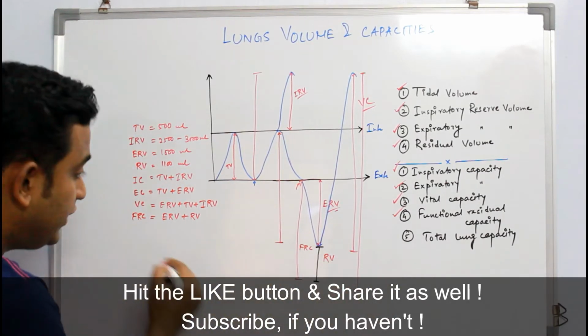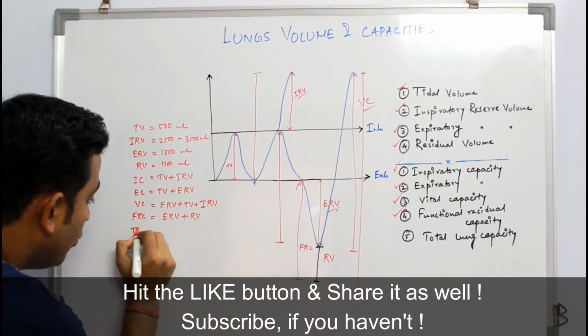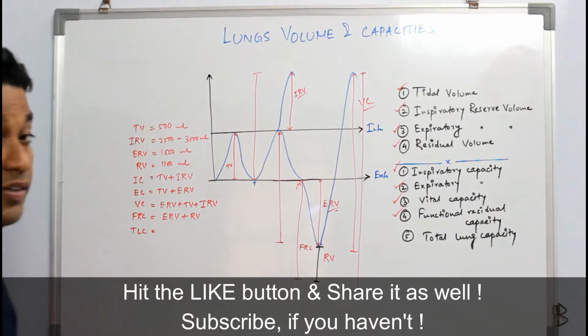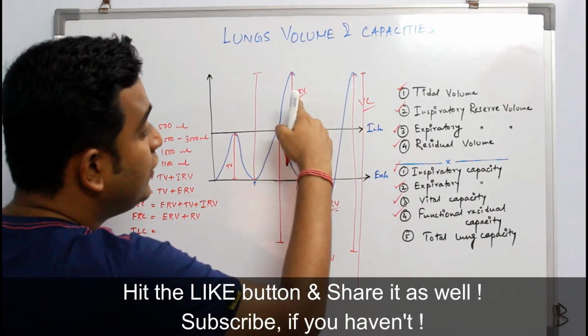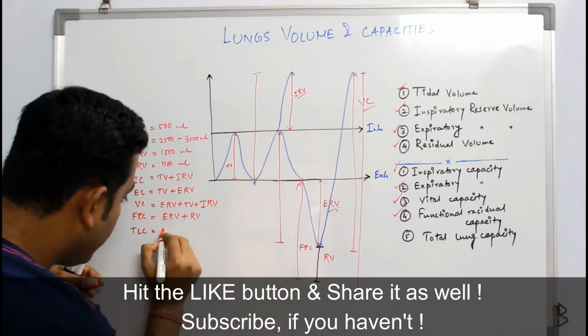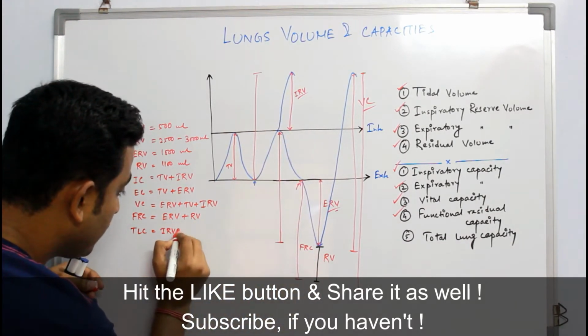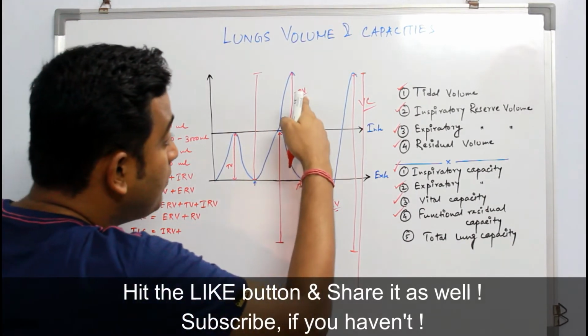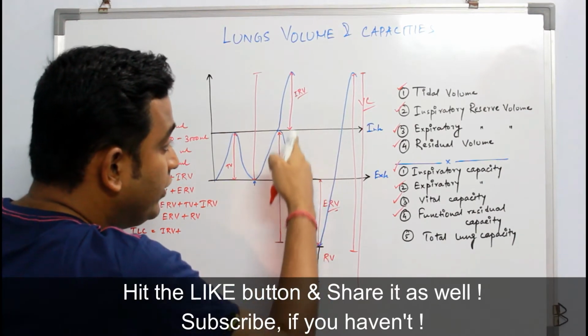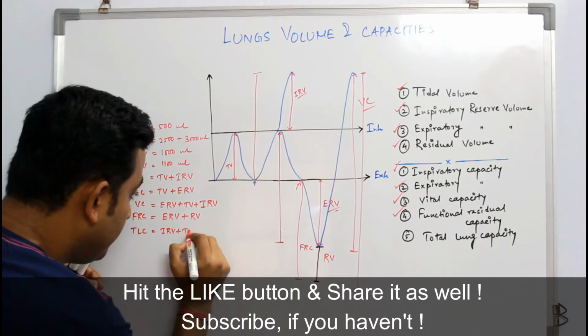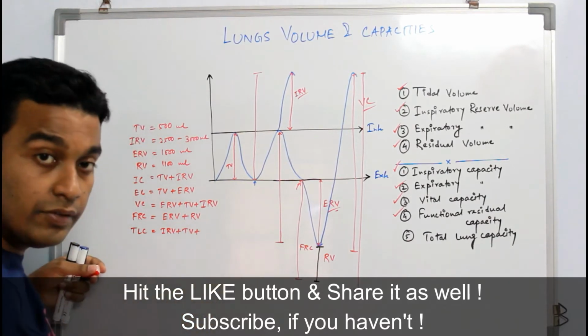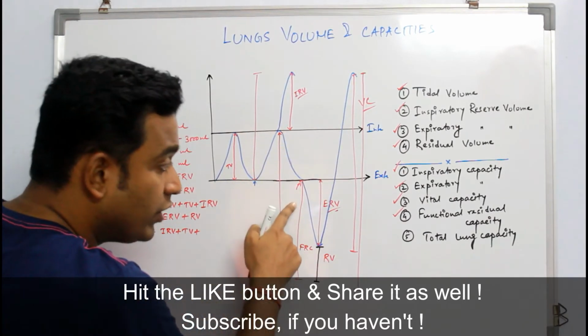So as far as TLC, total lung capacity, is concerned, if you go from the top, first you will be covering your IRV, right? So I'll write it here, IRV plus. The moment you come down from IRV, now you are in the zone of TV. So I'll write it here, TV plus. Now you are going down further.